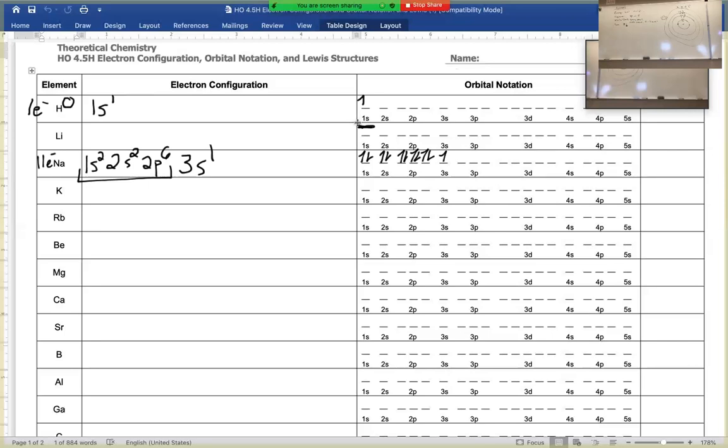So now, here we go. Grab my highlighter. I'll just change colors. So now if I said you have a down arrow, right? A counterclockwise spinning electron.